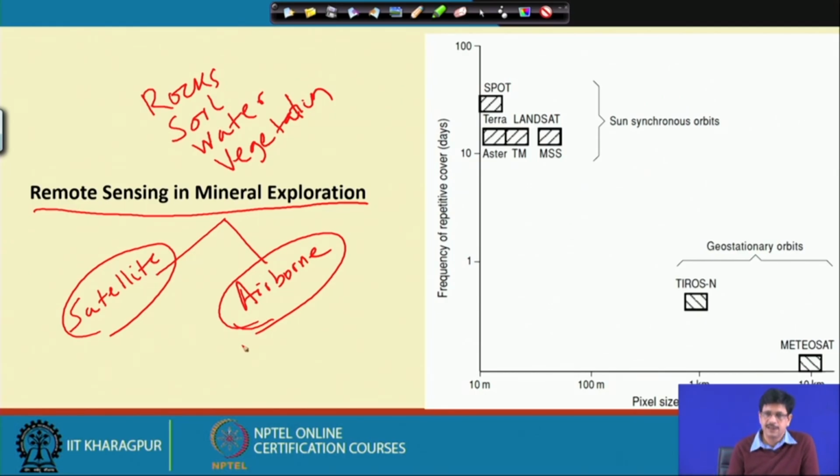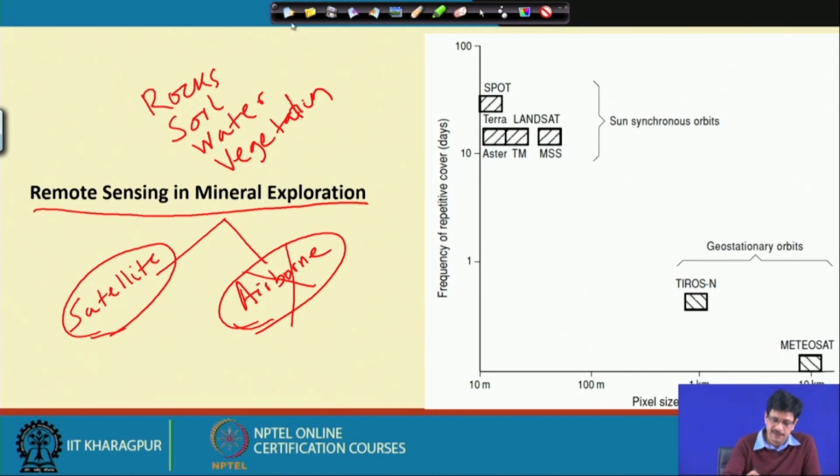And these days there are even airborne spectroradiometers, which also take the reflection from the earth's surface on the radiometer in the electromagnetic waves. So, we will not be considering the airborne method.